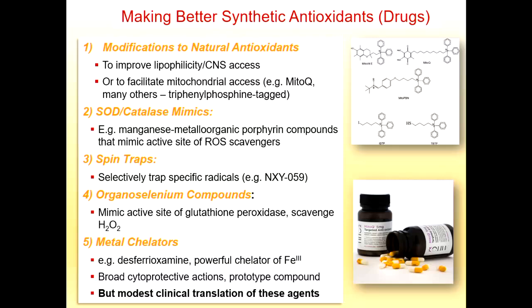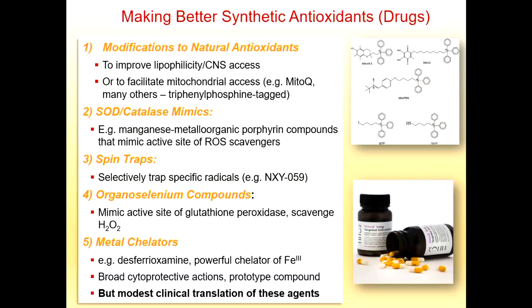MitoQ, for example, where they put a triphenylphosphine tag on a molecule, these three rings here with a phosphine there. These get accumulated across the proton motive force, or across the gradient of the inner mitochondrial membrane, so it's a way to get a molecule into the mitochondria. And they've had some interesting results in animal studies, but they've never really gone anywhere, I think, as human treatments.